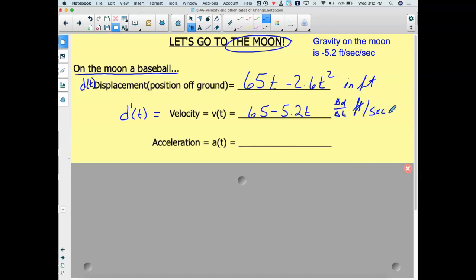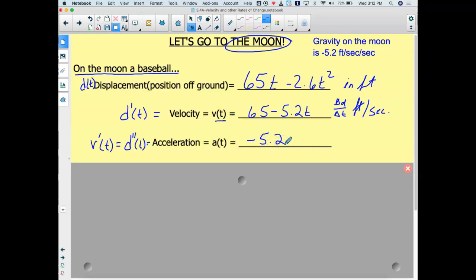And then acceleration, remember from yesterday, that was the derivative of velocity, or we need to be able to identify acceleration as the second derivative of position. If I take the derivative of velocity, I get negative 5.2.